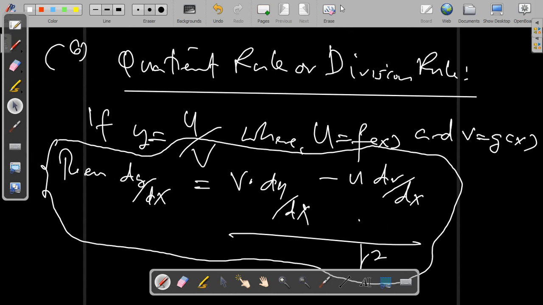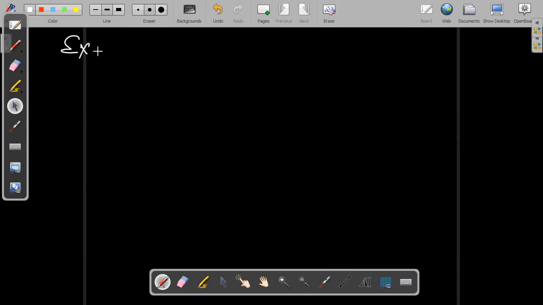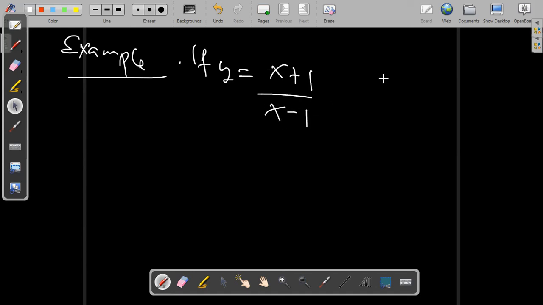So, for example, let's consider an example. If y is equal to x plus 1 divided by x minus 1, then we are required to find dy over dx.